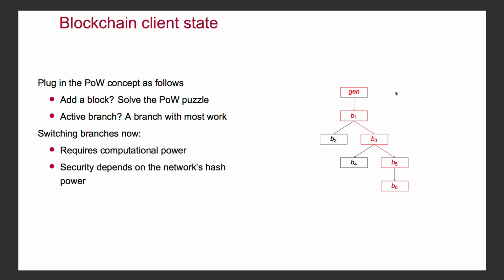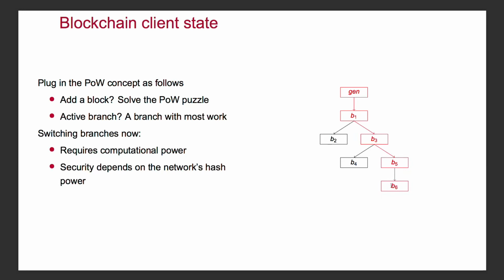The ledger will be considered the branch with the most work. We can calculate how much work has been put in this branch, and if that amount of hash work is more than other branches, then that's the active branch.